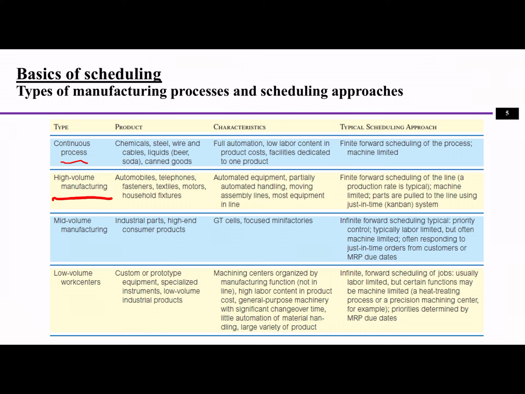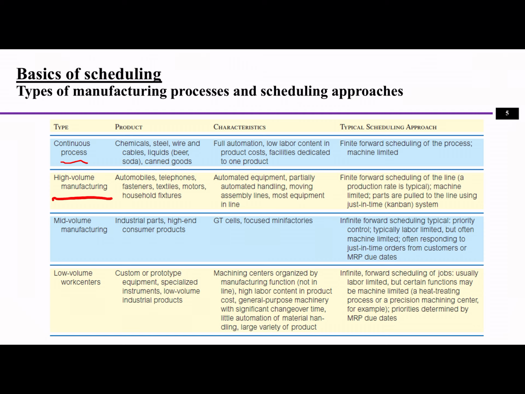This kind of production is also highly automated, and sometimes it may require a little bit of human involvement to work with the machines, and most of the time it requires the equipment in a line, forming a production line.